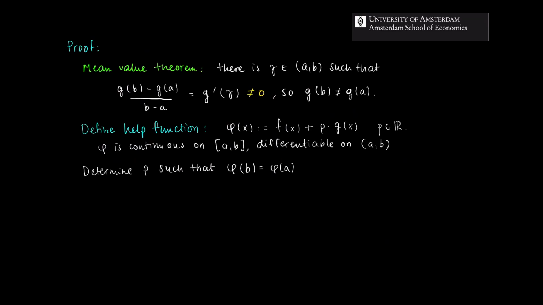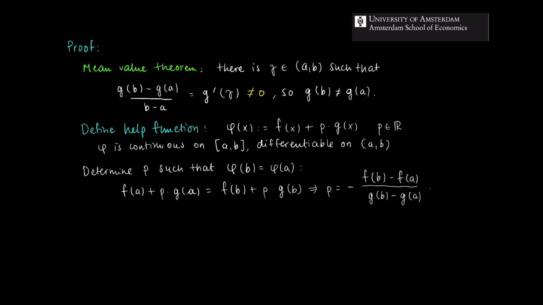Well, how can we find such a thing? Just solve the equation: f(a) plus p times g(a) equals f(b) plus p times g(b). It won't take you long to find p. Just move all the terms concerning p to the left-hand side and all other terms to the right-hand side, and you will find that p is minus (f(b) minus f(a)) divided by (g(b) minus g(a)).